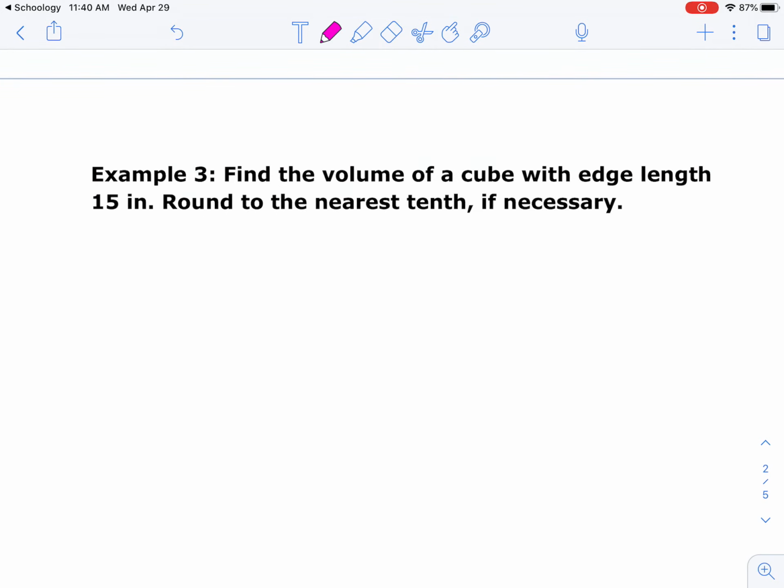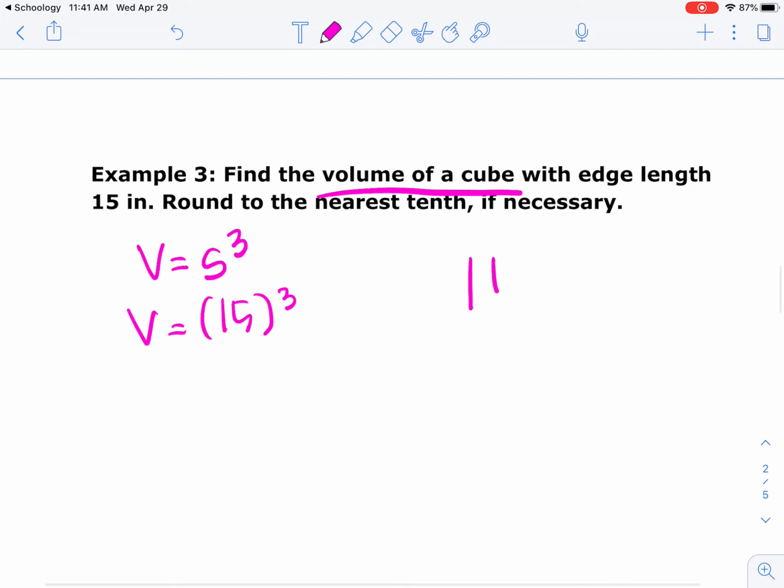All right, next one. Find the volume of a cube with edge length 15 inches. So once again, I can use my shortcut formula because I know the volume of a cube. Volume of a cube is side cubed. So volume equals 15 cubed. When you're putting this in your calculator, you're looking for typing in 15, and then you're looking for the caret.